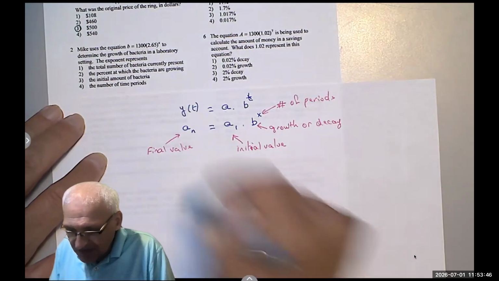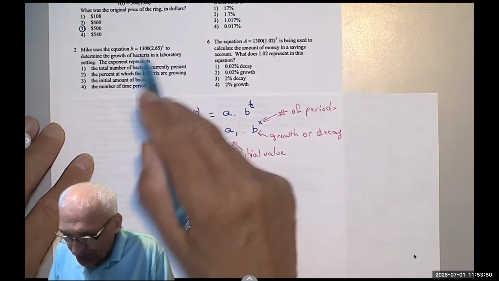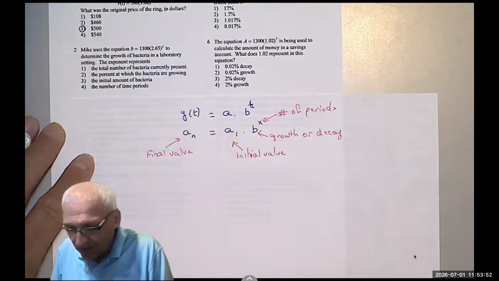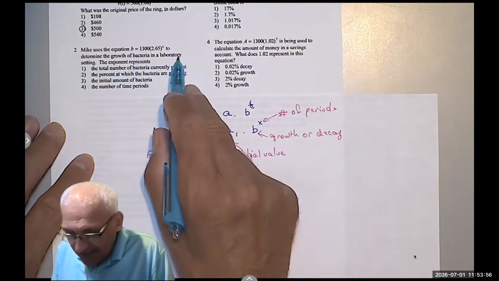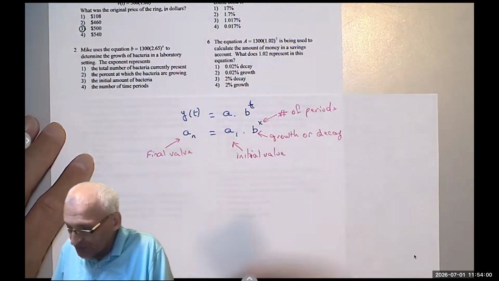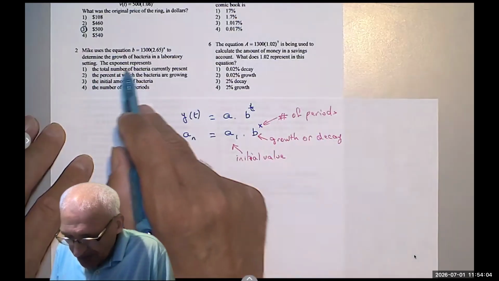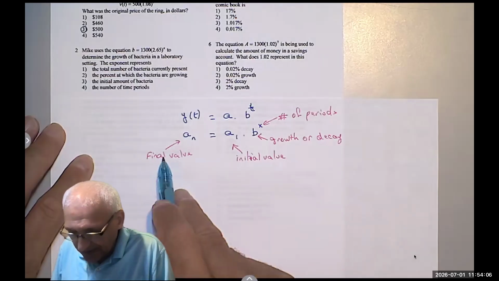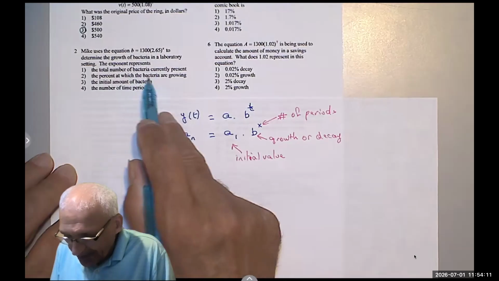Okay, Mike uses the equation B equals 1300 times 2.65 raised to the power of x to determine the growth of bacteria in a laboratory setting. The exponent x here represents what? Well, it's a number of periods. So, total number of bacteria? No, the total number of bacteria would be the B. Percent at which the bacteria are growing?